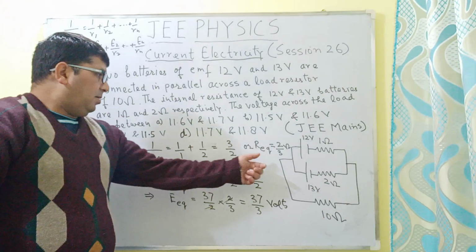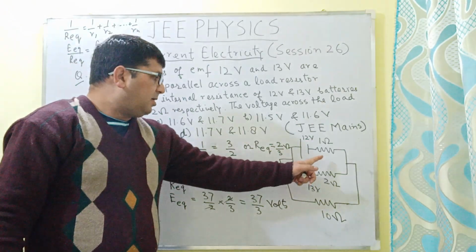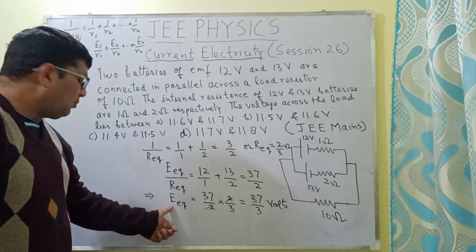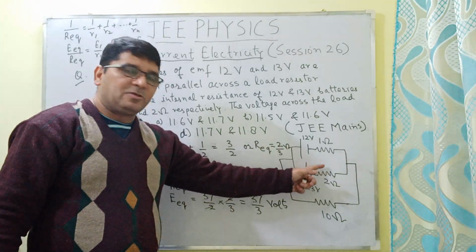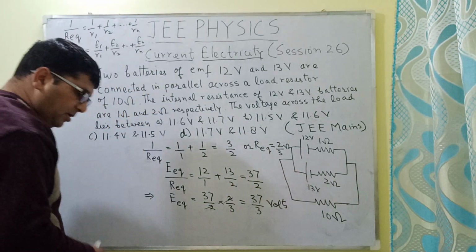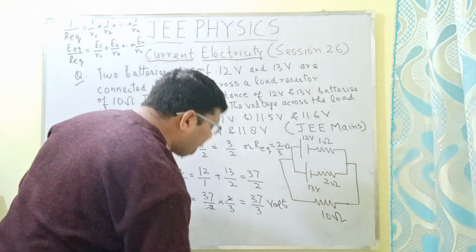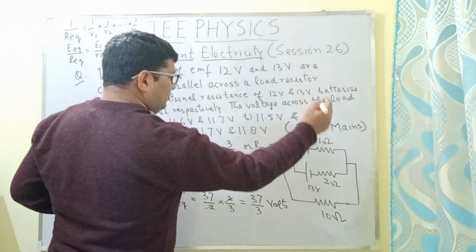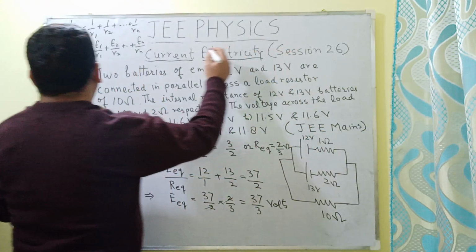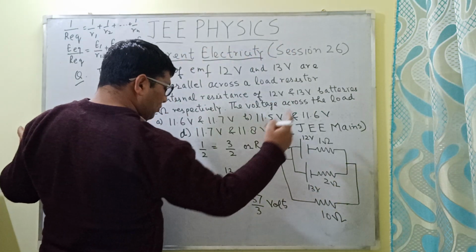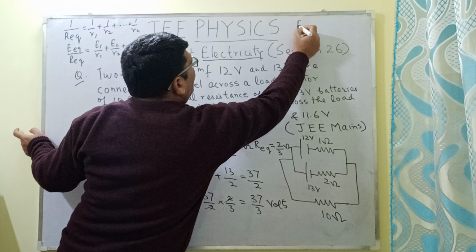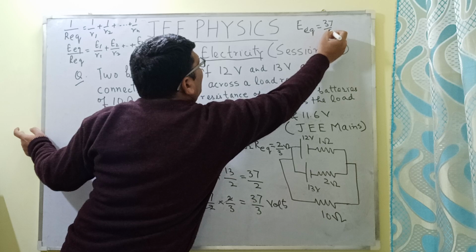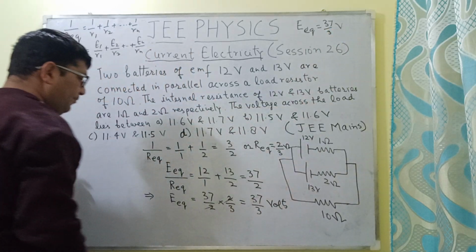So R equivalent was the equivalent resistance of this parallel grouping, and E equivalent is the equivalent EMF of this parallel grouping, which is equal to 37 by 3 volts. So now I will be writing these two values here. I will just write this E equivalent in volts.